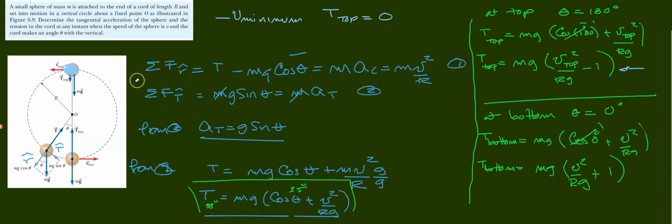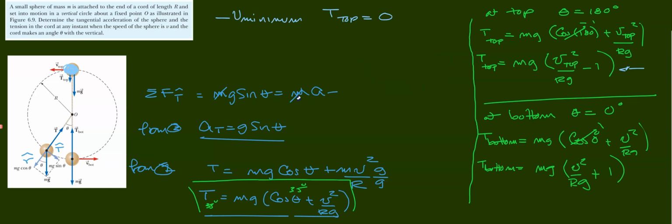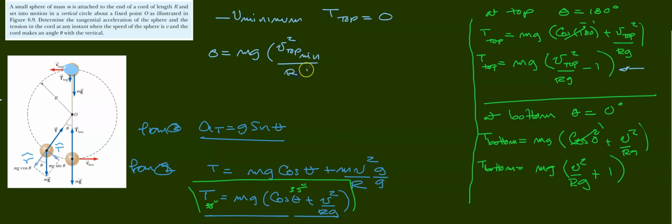So I'm going to erase this because we don't need it anymore. I'm just going to make a little bit of space here. If the velocity at the top is minimum, so the tension is 0, then this equation becomes 0 equal to mg times v top minimum squared over rg minus 1.